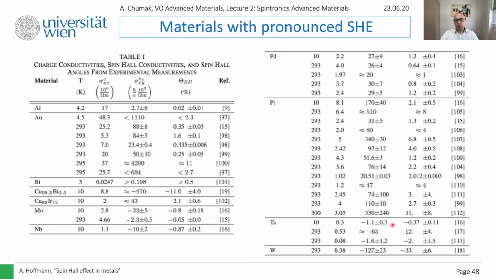Also very interesting are these two materials, tantalum and tungsten, because as you can see, these are also good materials with a large pronounced spin Hall effect, but the angle is negative. And this also gives a large advantage.